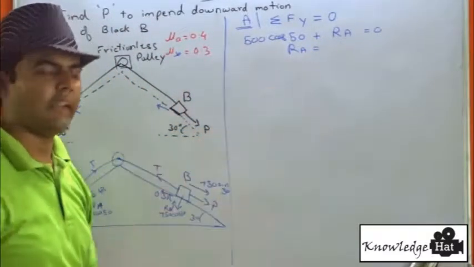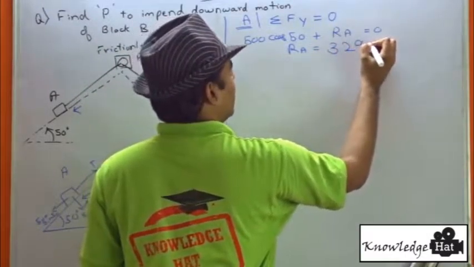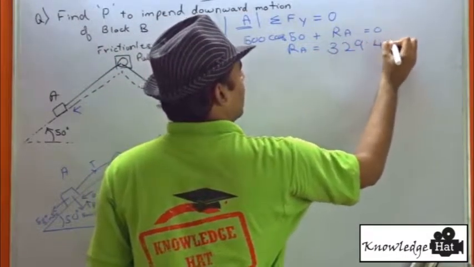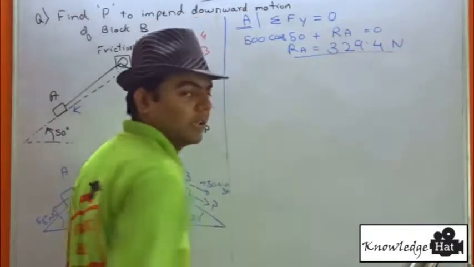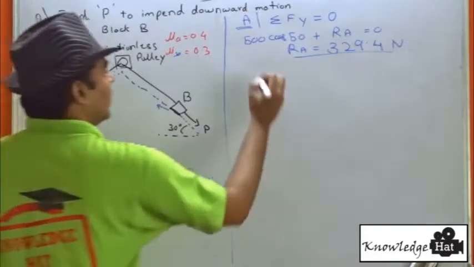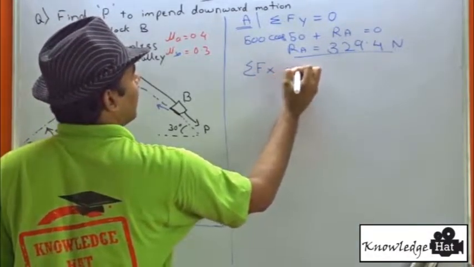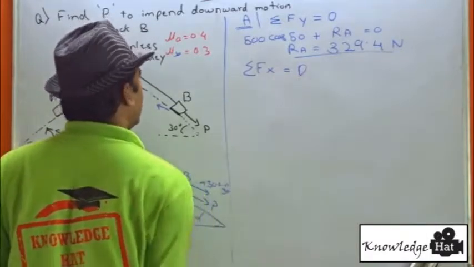We directly put the values in the calculator and we get the value of RA. The next is we take the summation of horizontal components at block A, and we equate this to 0.